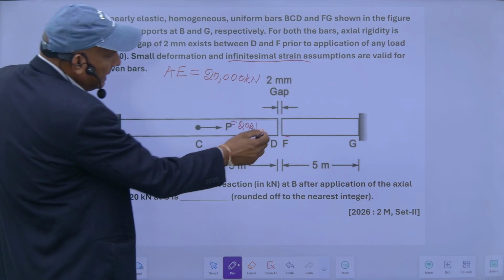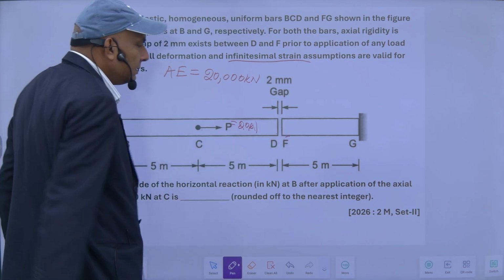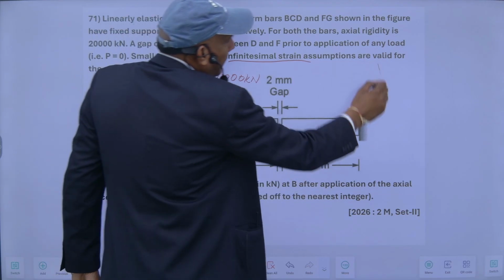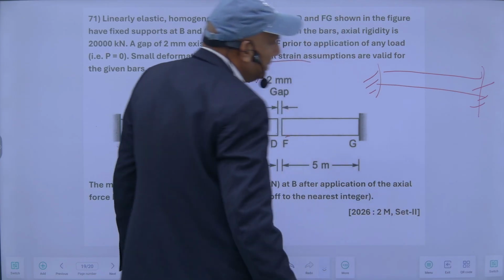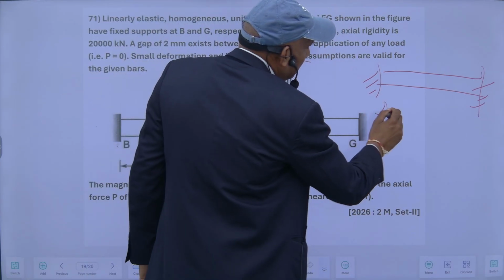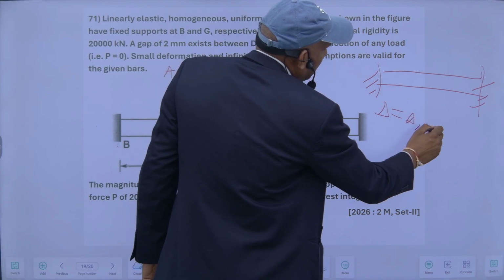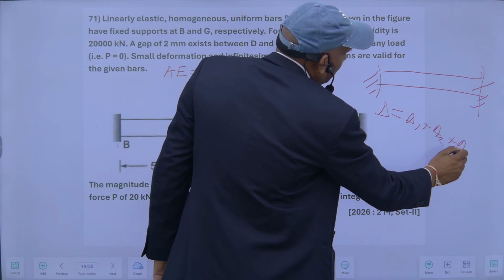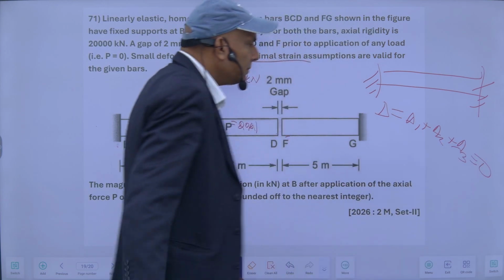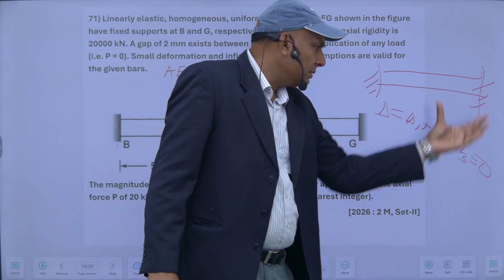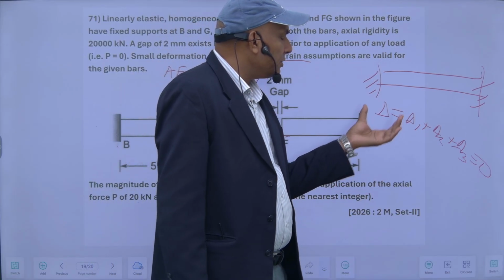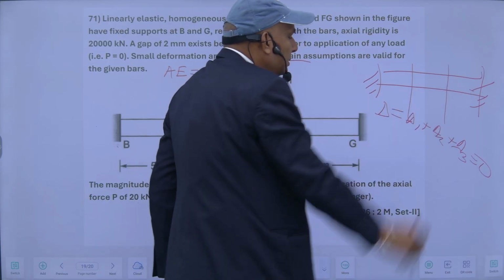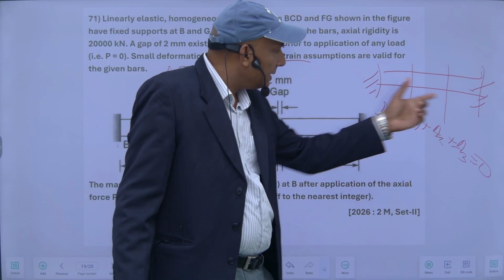Suppose in this case the 2 mm gap is not there, in this case my final displacement delta will be equal to delta 1 plus delta 2 plus delta 3, whatever it is, and this should be 0, since both the ends are fixed. The summation of the displacement of the individual parts will be equal to 0 in this case.